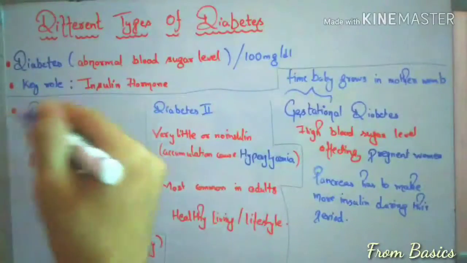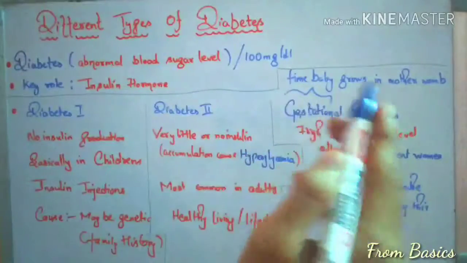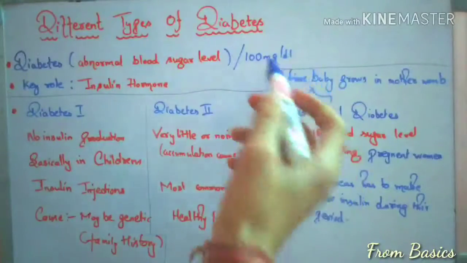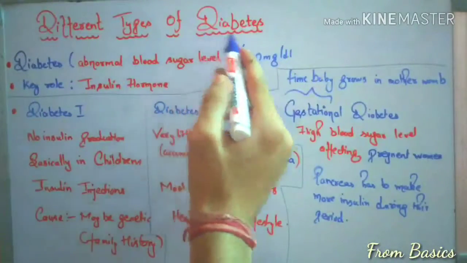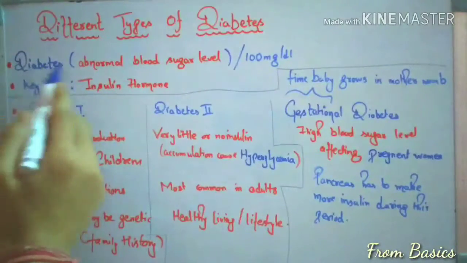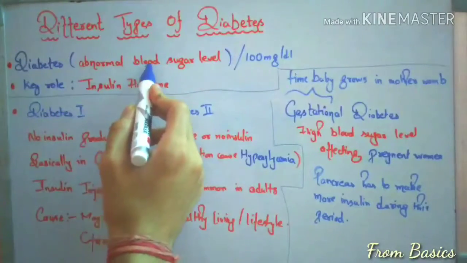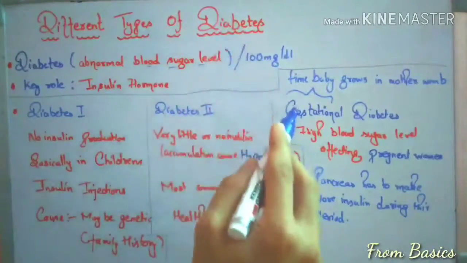So today in this video we are going to discuss the different types of diabetes. As you all are aware, diabetes is also known as diabetes mellitus. So what is diabetes? Diabetes is an abnormal blood sugar level in our body.